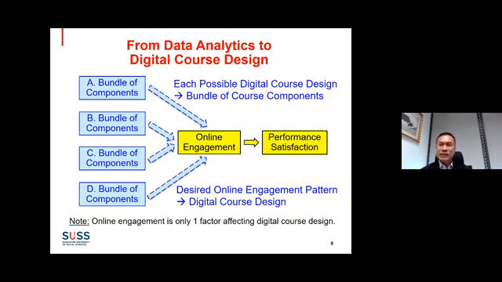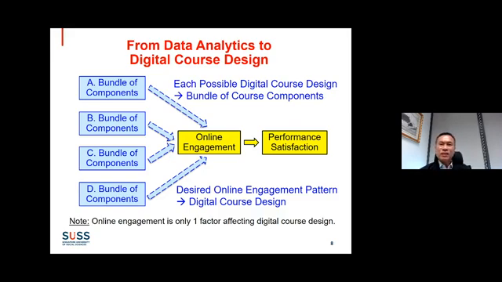Either from courses that you already have in the past, or for courses that you're going to design or experiment with, you can always decide on a few bundles of components to represent different digital course designs. Then when the courses are presented, data will be generated in the learning management system.